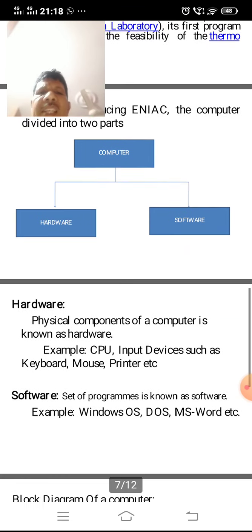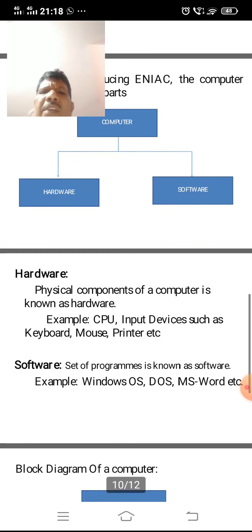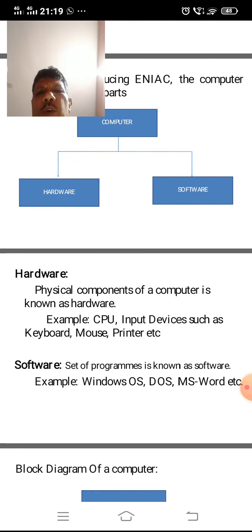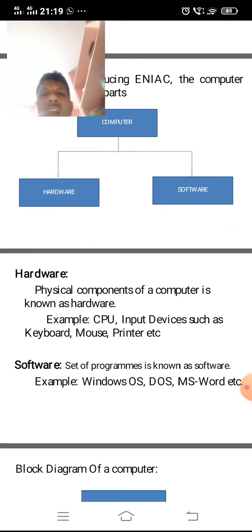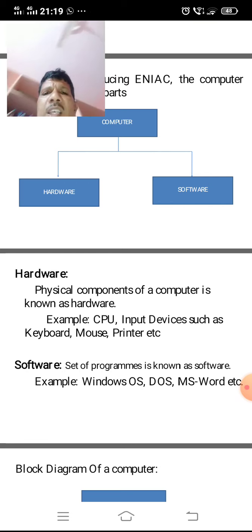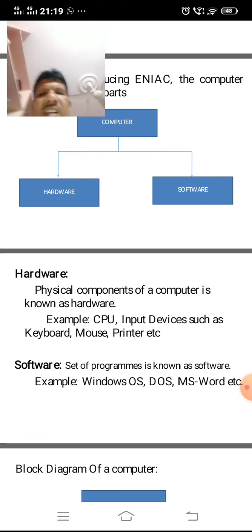Here, hardware means the physical components of a computer. Examples: CPU, input devices such as keyboard, mouse, and printer, as well as output devices. Here the printer is an output device, and keyboard and mouse are both input devices. Then software means a set of programs.